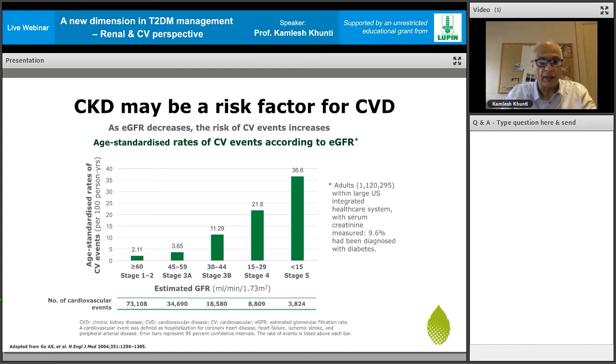Stage 3B, with an eGFR of 30 to 44, is 11 per 100 person-years. As soon as we get to stage 4 and stage 5, with an eGFR of less than 30 and less than 15, look at the rates here: 36 events per 100 person-years when the eGFR goes below 15. So this is what we want to do: try and catch people earlier than this and stop progression into here.